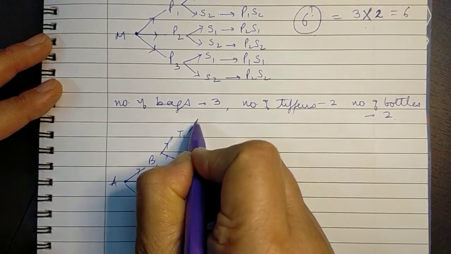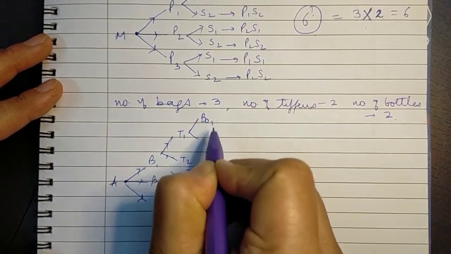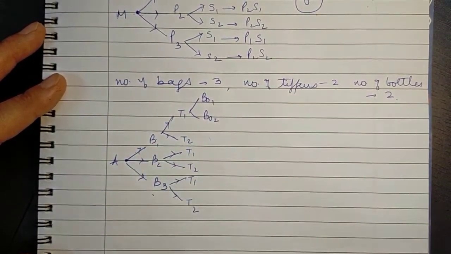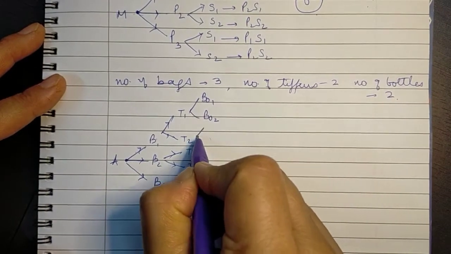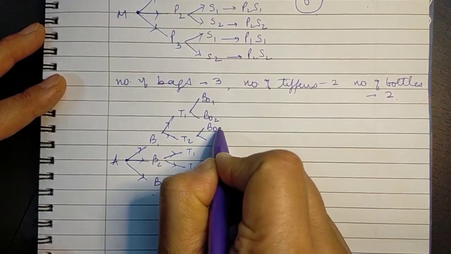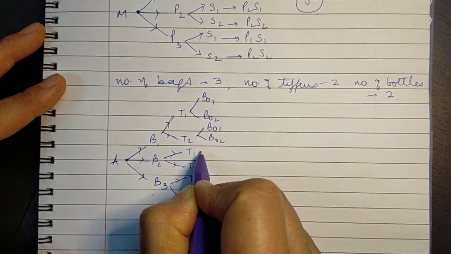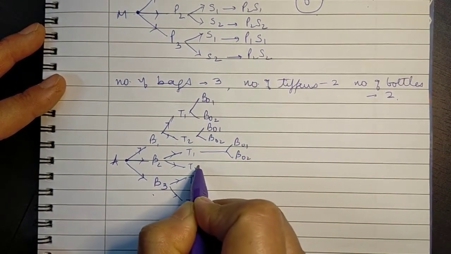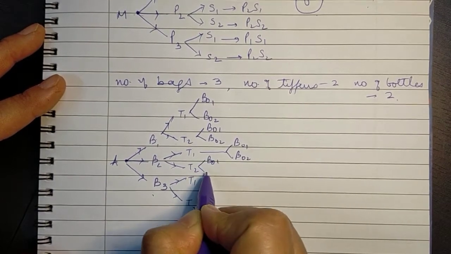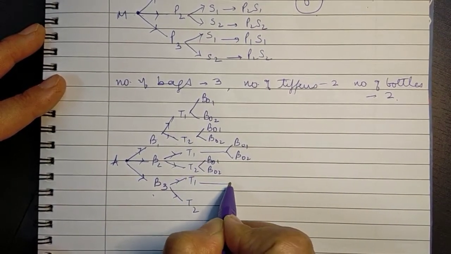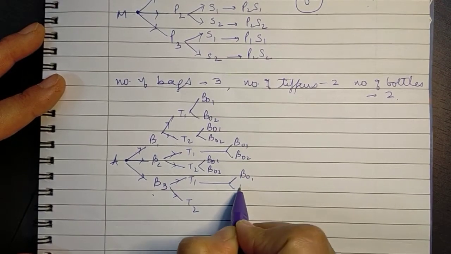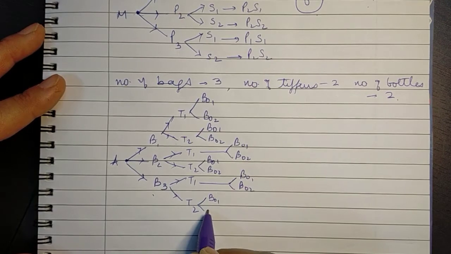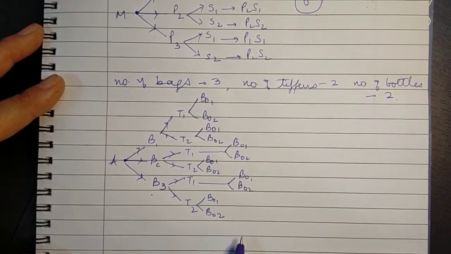I am writing them as BO1 and BO2, just to distinguish between bag and bottle. With each tiffin he has BO1 and BO2.